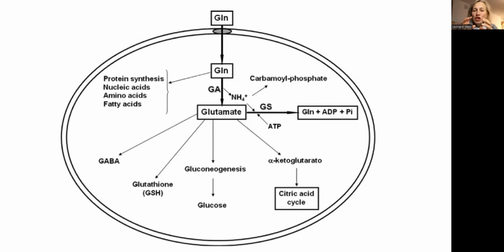This is the energy storage in individual cells. So glutamate gets converted into alpha-ketoglutarate. It says ketoglutarato because I took this picture from a Spanish scientific research magazine, but it's actually alpha-ketoglutarate.